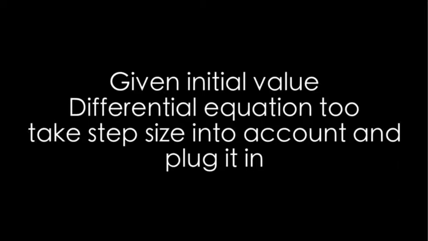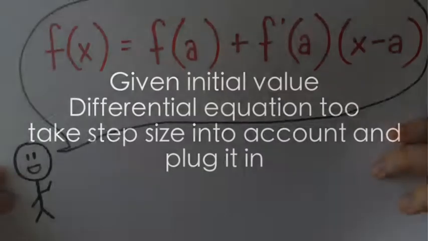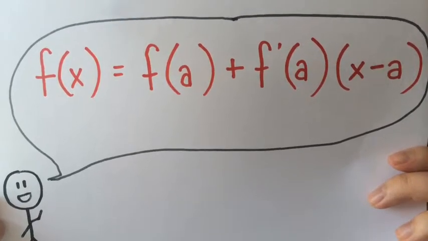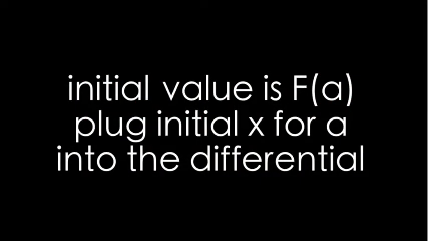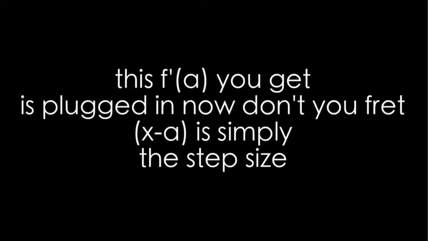Take step size into account and plug it in. Initial value is f of a. Plug initial x for a into b. Differential, this f prime of a you get is plugged in now, don't you fret.